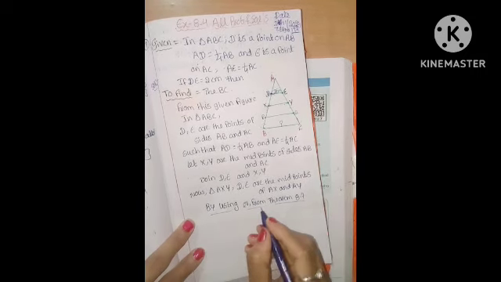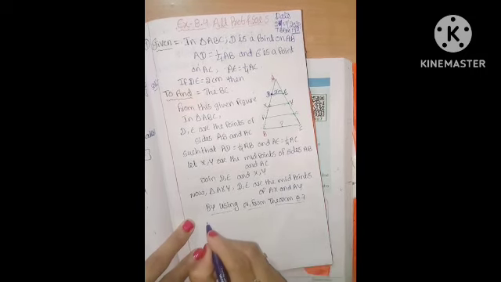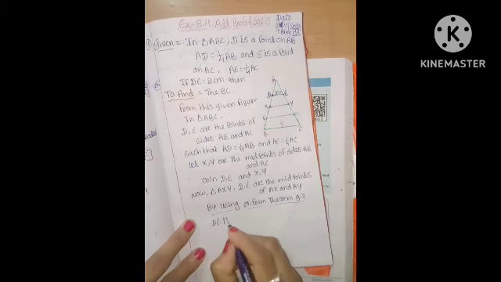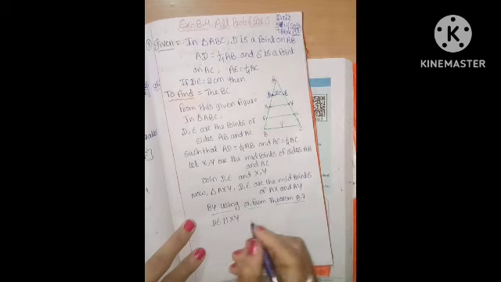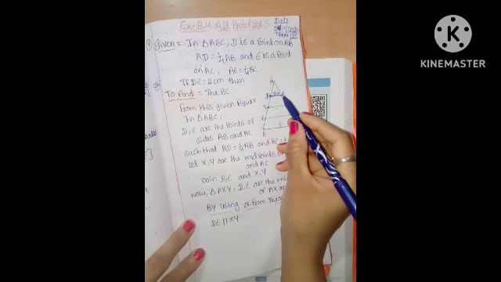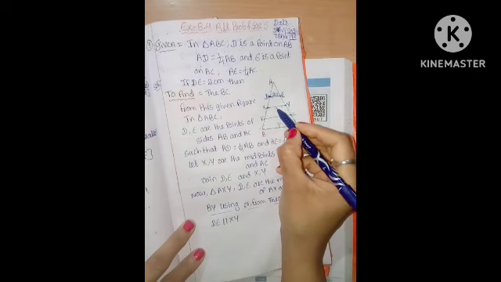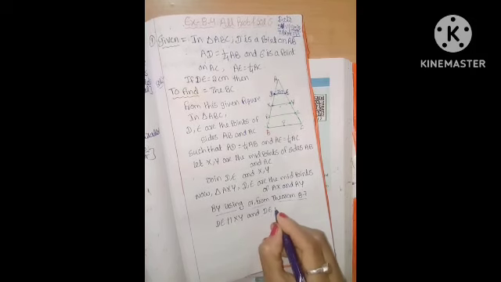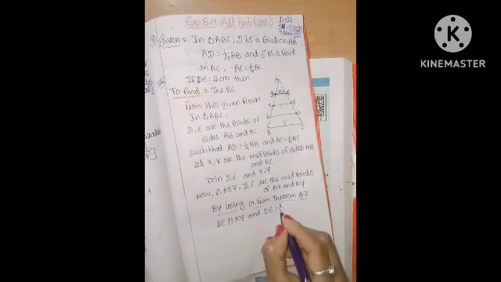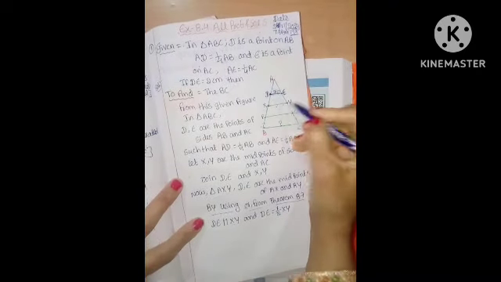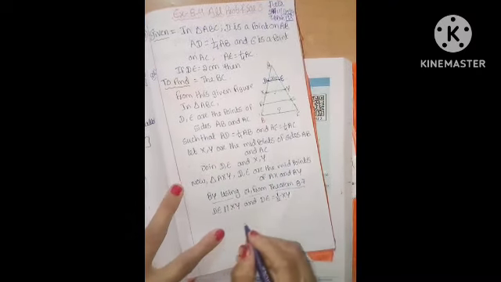So using that theorem, DE is parallel to XY, the third side. The line joining the midpoints of 2 sides of a triangle is parallel to the third side. So what's the third side? XY, and DE is half of it. So DE is equal to 1/2 of XY.